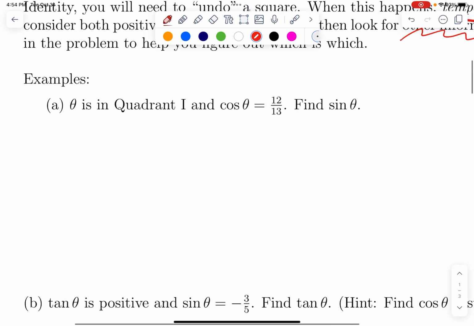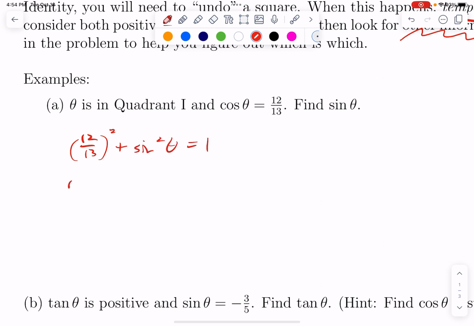In this example A, we're saying that theta is in quadrant 1 and cosine theta equals 12/13. So our identity says that cosine squared theta plus sine squared theta equals 1. If I square this out, I get 144 over 169. I'm going to rewrite 1 with the common denominator anticipating the subtraction.